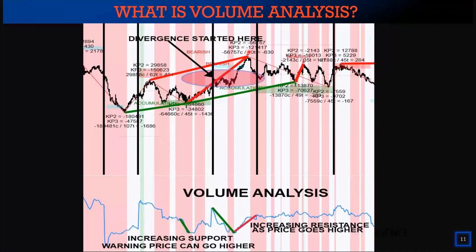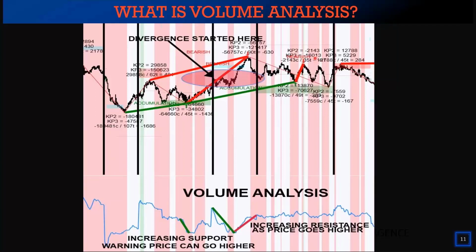The divergence indicator is telling us that the delta as price rose was a negative 56,000 shares. So from this low here to this point here, the delta was negative 56,000. Pretty high number, actually. You can see over here, we've got another special divergence.